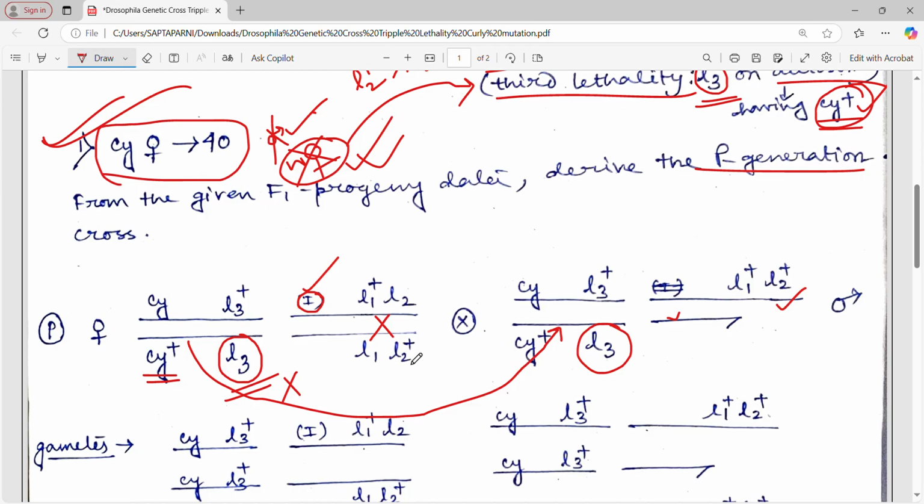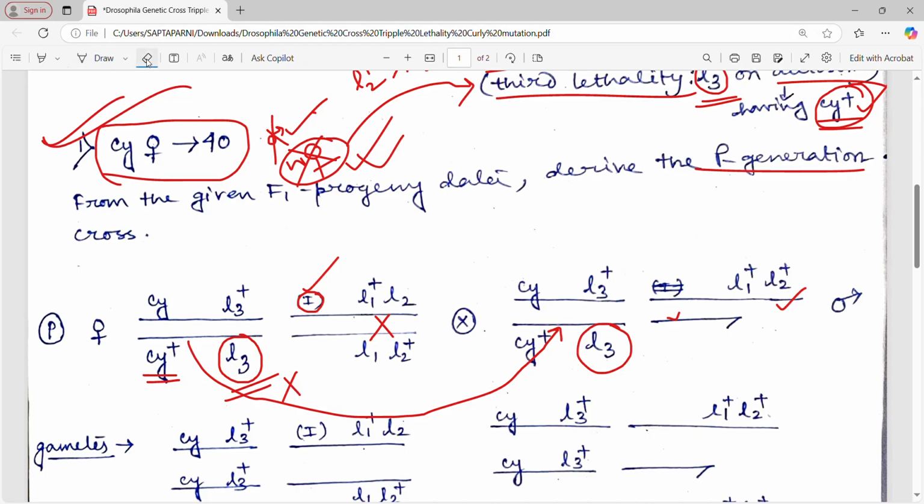If this forms, then 100% of males would not die here. So to stop the recombination we have put an I here. To know more about this, please refer to my previous video, where I have discussed double lethality, or 100% male lethality. The link is given in the description box below.